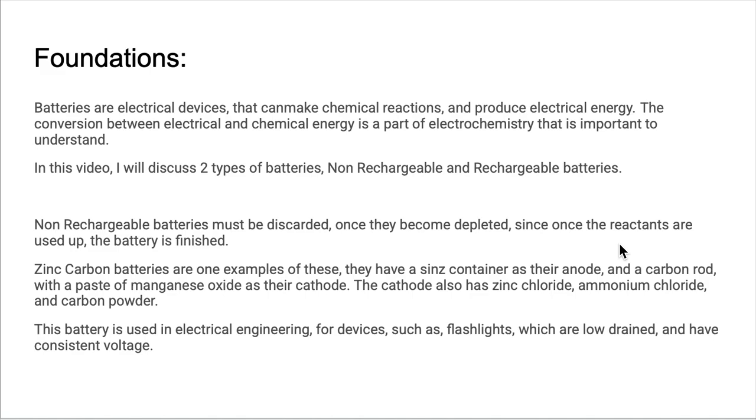Chemical reactions have reactants and products. Once the reactants are used up in the chemical reaction of the battery, the battery is finished. It has been depleted, and at this point, these non-rechargeable batteries must be discarded. Okay. So I'll discuss a common type of non-rechargeable battery called the zinc carbon battery.